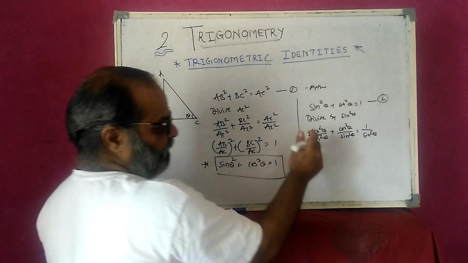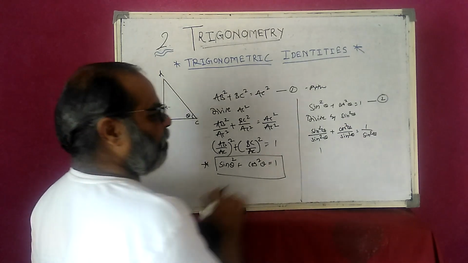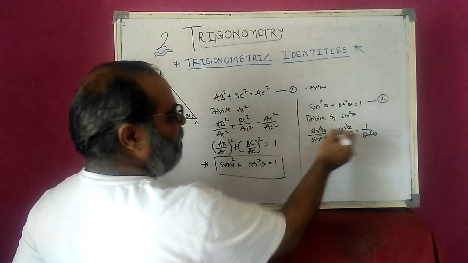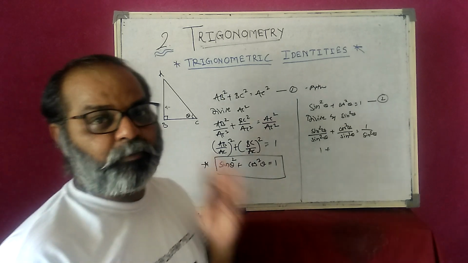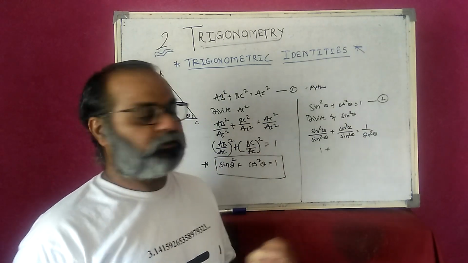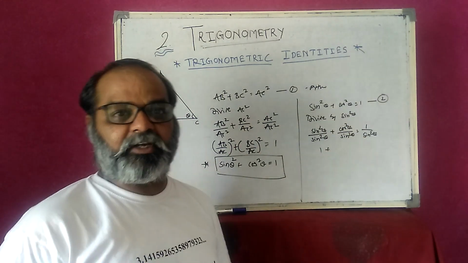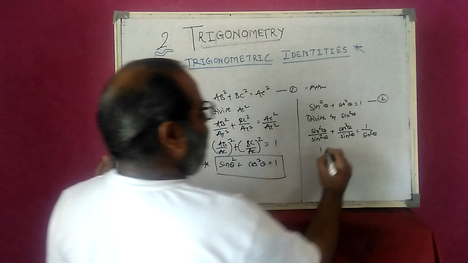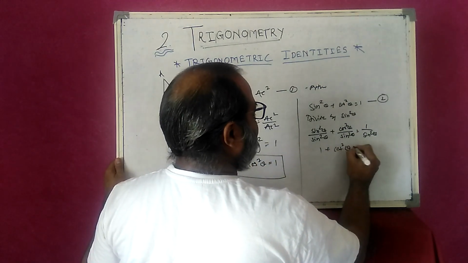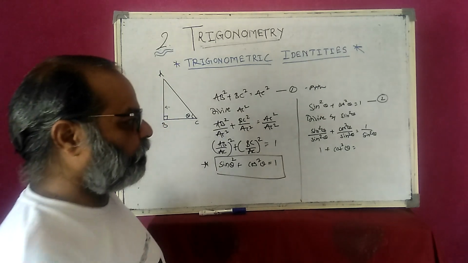So we get 1 plus cos square upon sine square. We know that cos upon sine is cot, so cos square theta upon sine square theta is cot square theta.